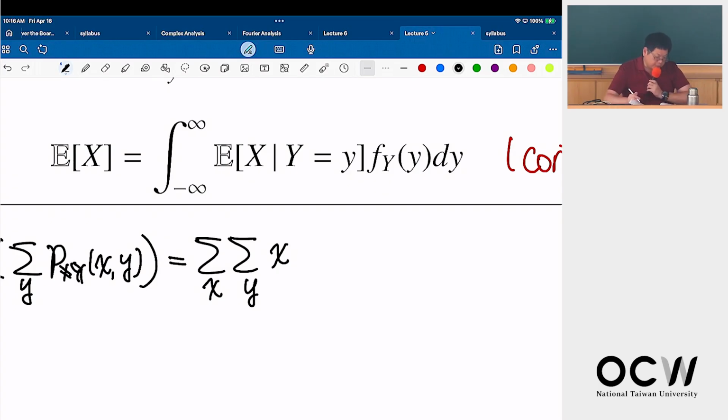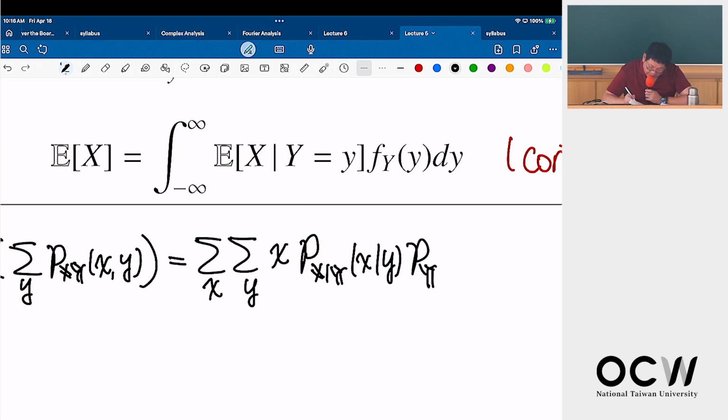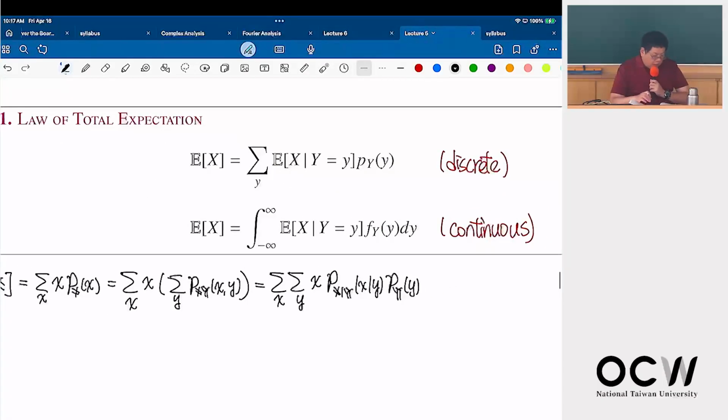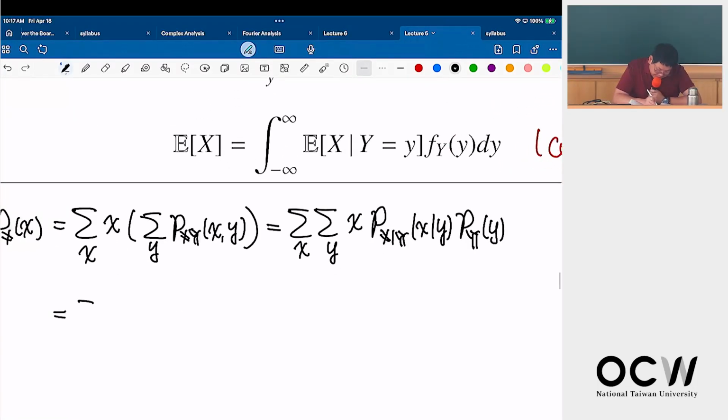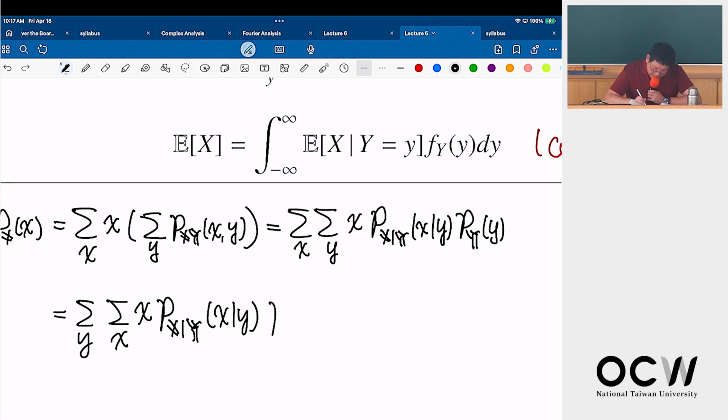I can rewrite the joint PMF as the conditional PMF of x given y times the PMF of y. You need to rearrange the summation. So the summation of x times the conditional PMF of x given y, times the PMF of y.